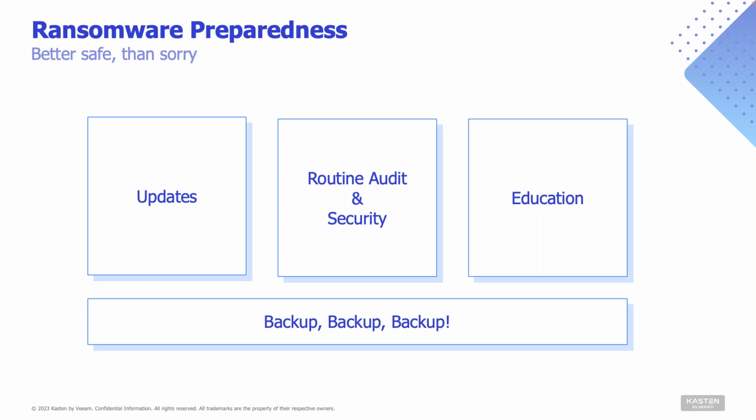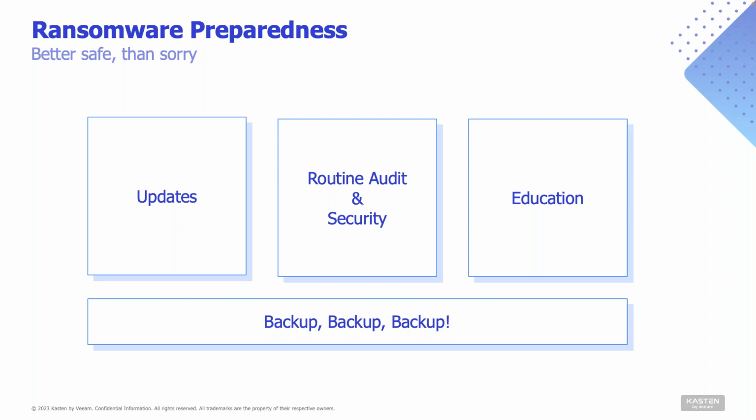So how do we do this routine audit and security? How many times are you going to do this? Educate your team, be it your operators, developers, or end users, on how to be more ransomware prepared. Do not click on any suspicious links. Education, okay? And last but not least, backup.